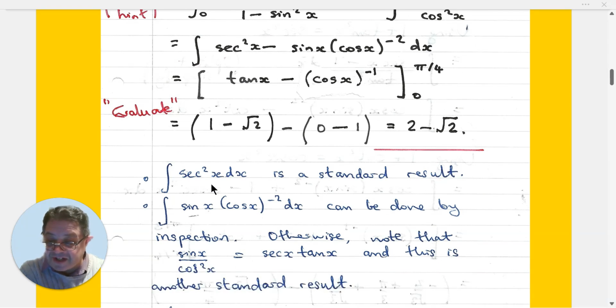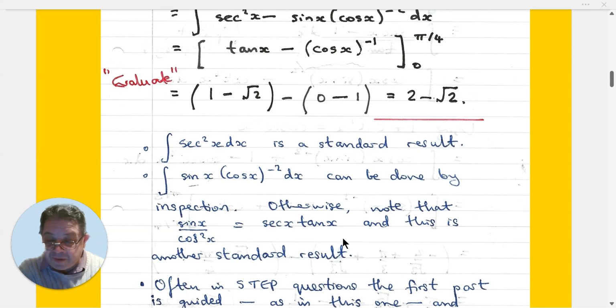So sec squared x is a standard result. We did sine x times cos x to the minus 2 by inspection, but otherwise you might have noted that it's the same as sec x tan x, and you might remember that that integrates to sec x. In other words, sec x differentiates to sec x tan x.